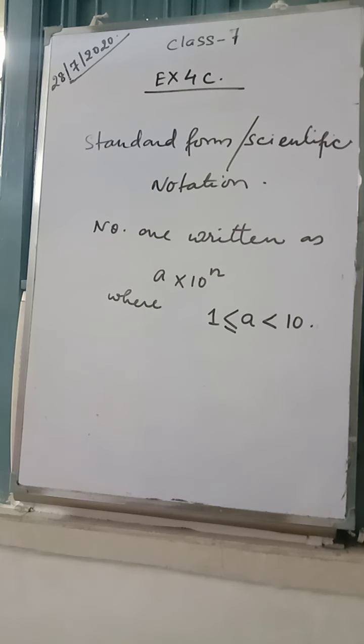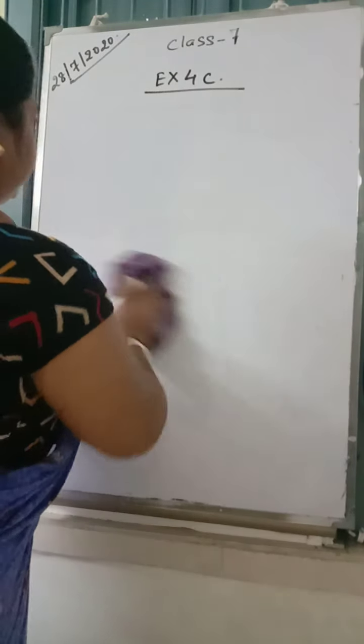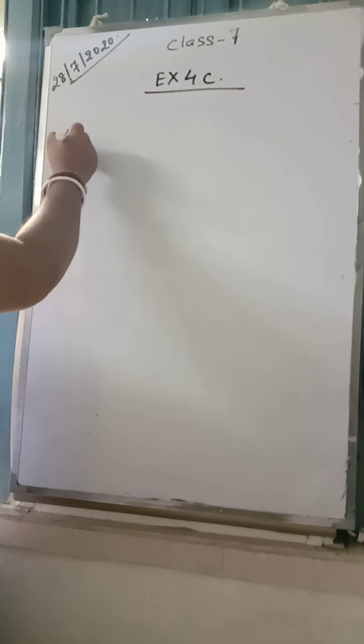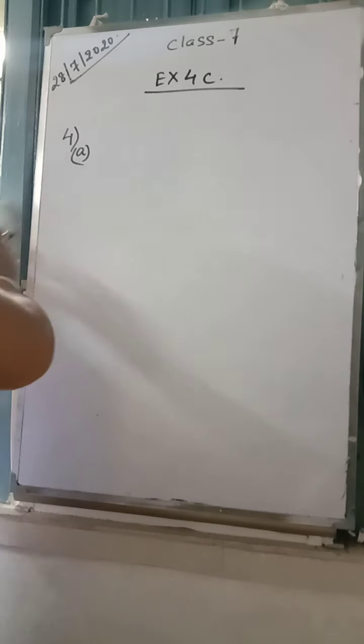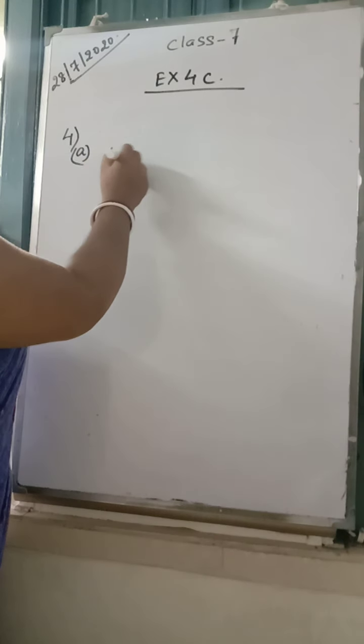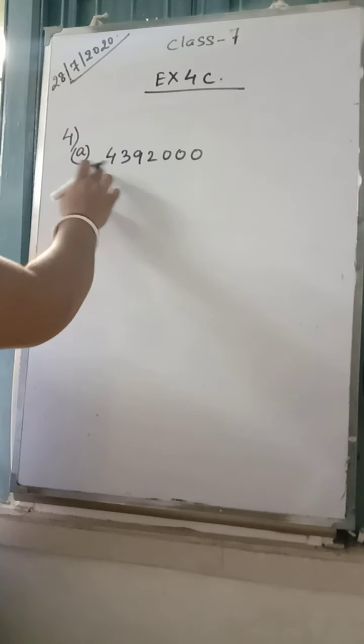Now if the numbers are given, how to make it between 1 and 10? Just have a look. The first number for question number 4 is 4392, then triple zeros. Now the number is very large.